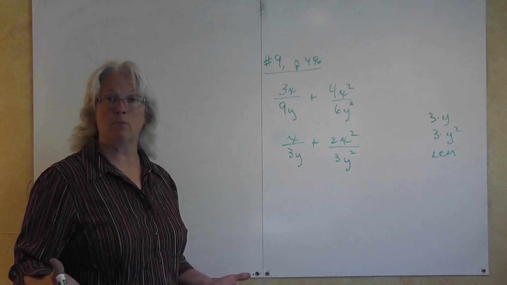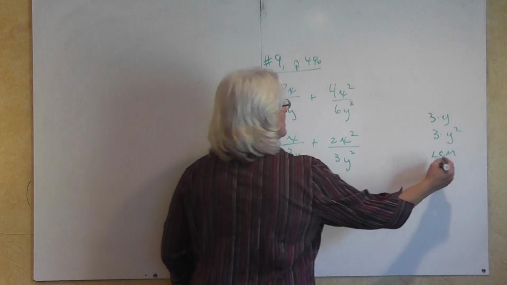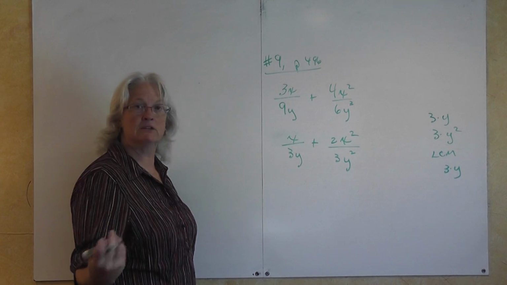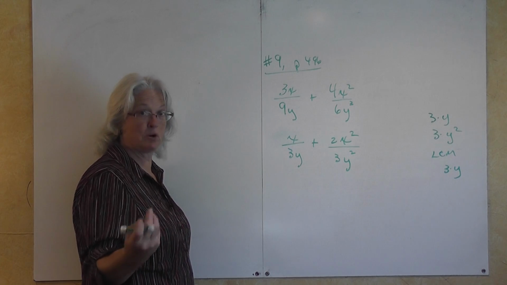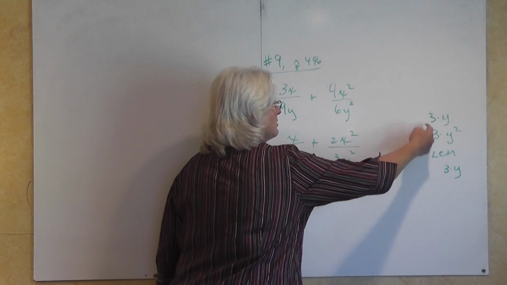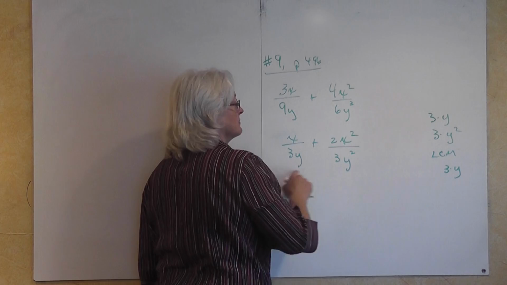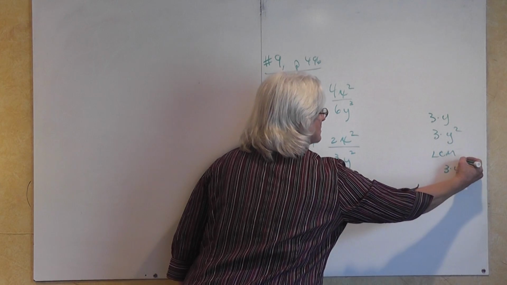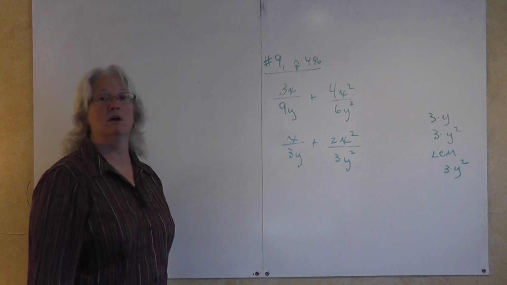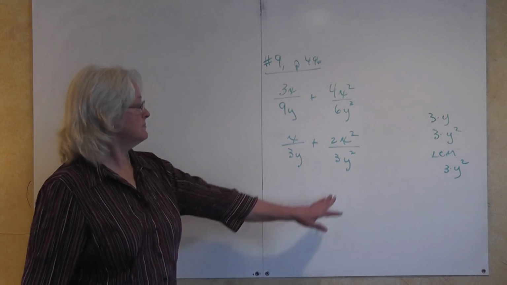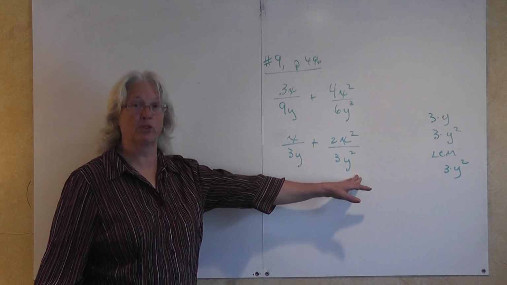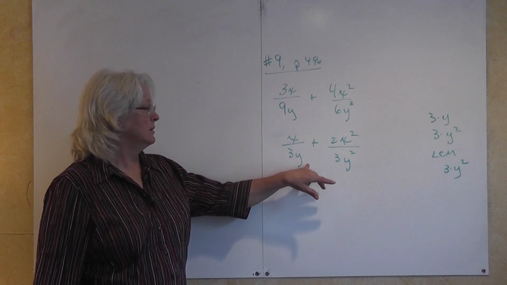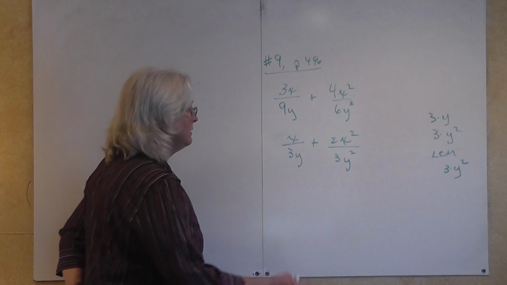What's our least common multiple? It's the product of all of the factors of all of the denominators, the highest power that's used. So our least common multiple is 3y squared. We're missing one factor of y.